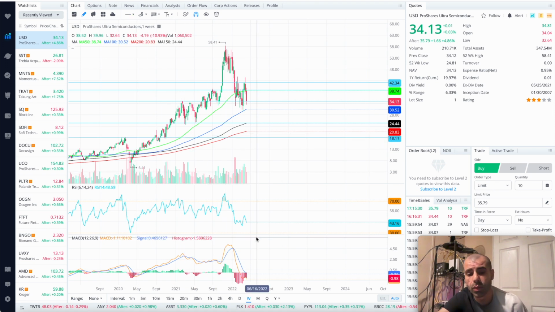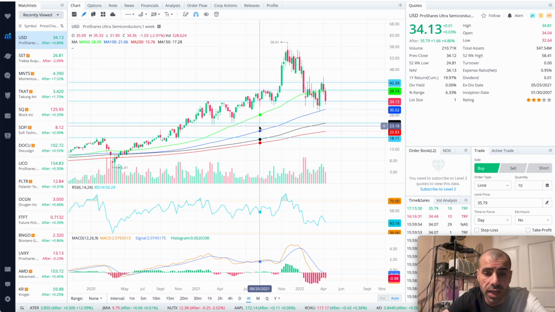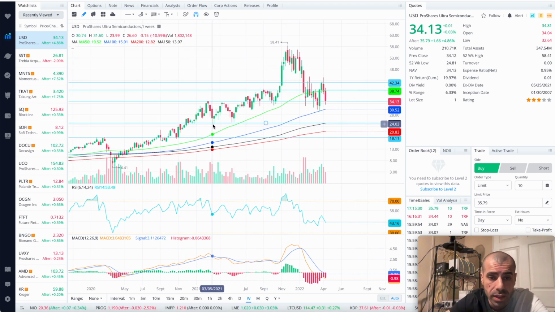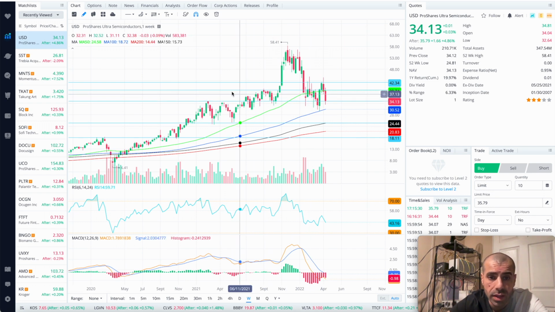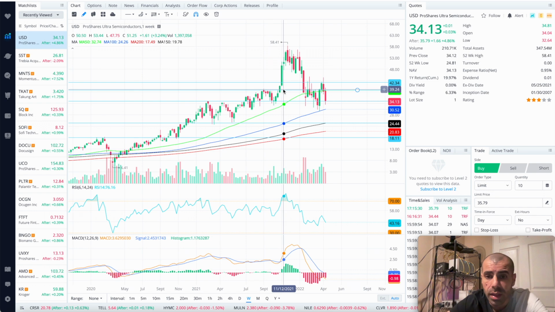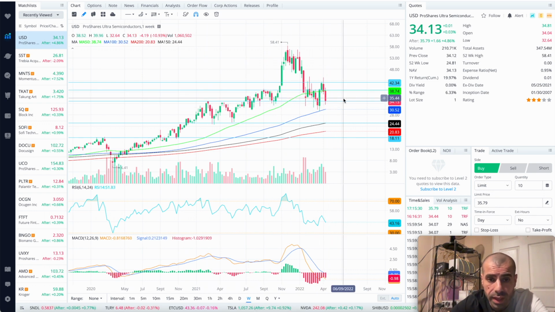And don't forget, this is the weekly chart, so each candlestick represents 1 week of time. So from here to here, look at the dates. This is March 5th. This is May 14th, right? 2021. Look at this line here. Look at it. From February 2021 all the way till now, we're still messing with this line, right?